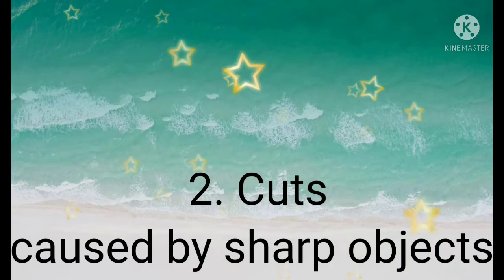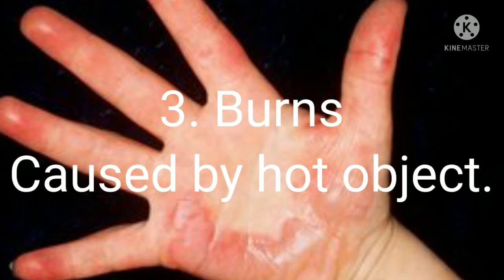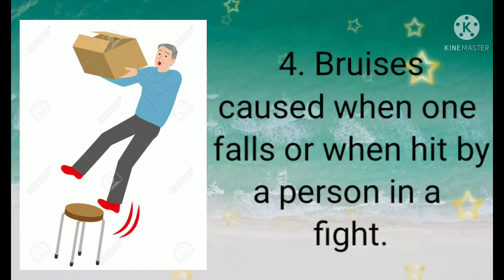The next form of accident is burns. Burns are accidents caused by hot objects such as hot pot, hot iron, fire, lantern, and so on and so forth. So when not carefully handled, whether in the home or in the school, or probably when playing, it will lead to injuries or even death.